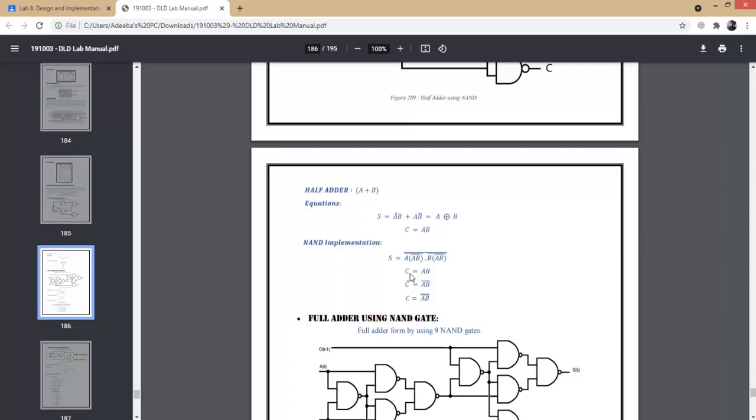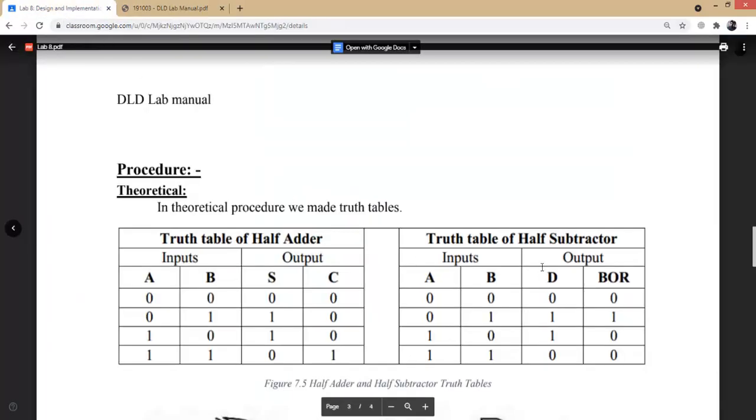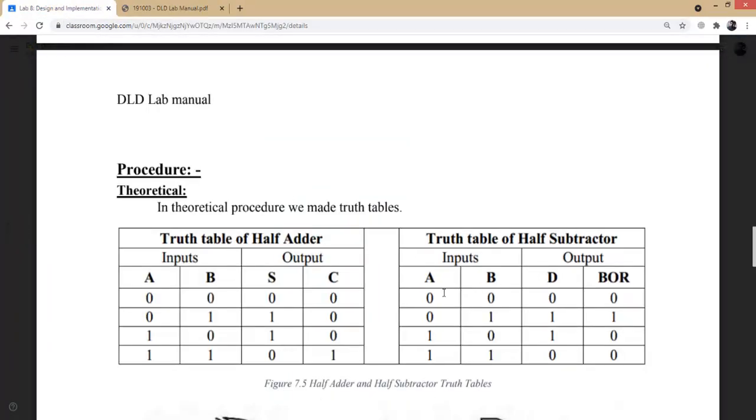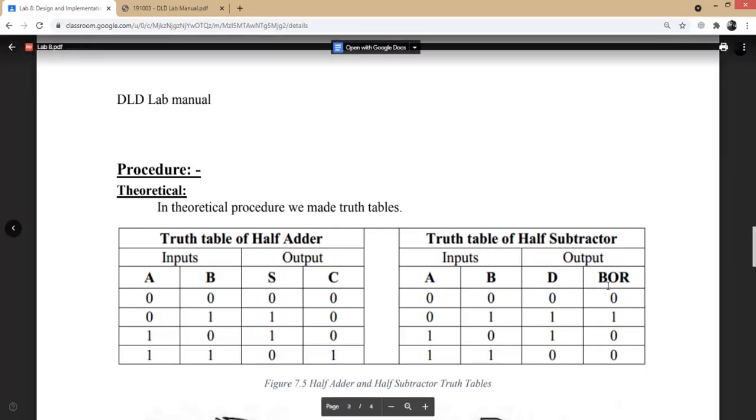Now I will explain all the truth tables to you first, and then I will verify the truth tables using Proteus. The second truth table is of the half subtractor. 0 minus 0 is 0, D is the difference, and B is borrow if needed.